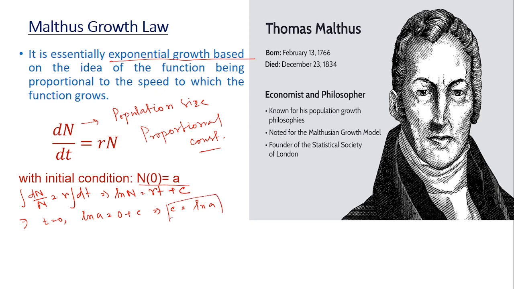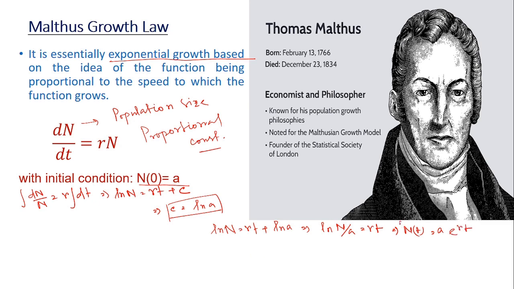Now from this we can find the final population size at time t. That means ln N equals rt plus ln a. From here we get ln(N/a) equals rt. That means N(t) equals a times e to the power rt.